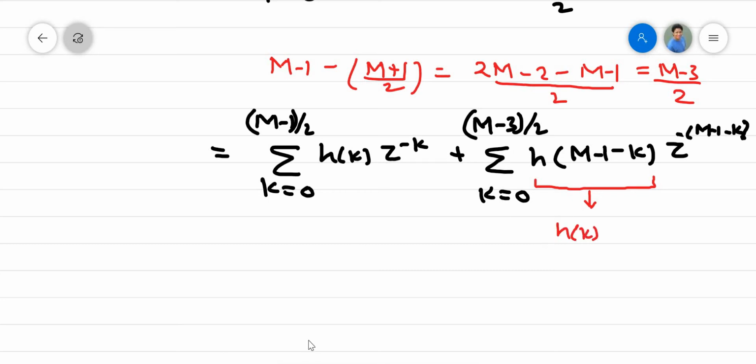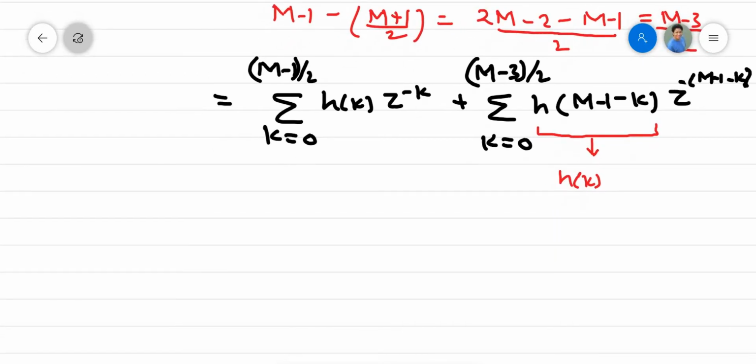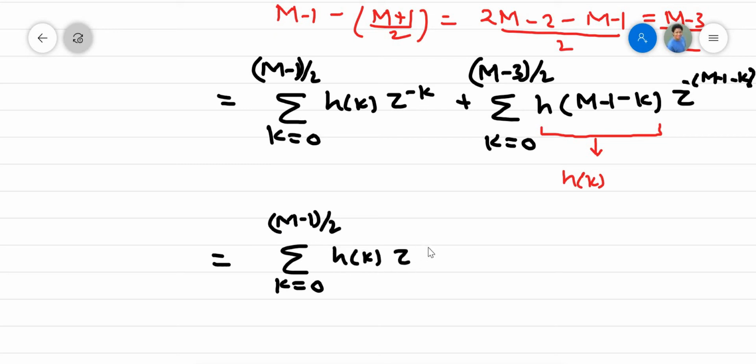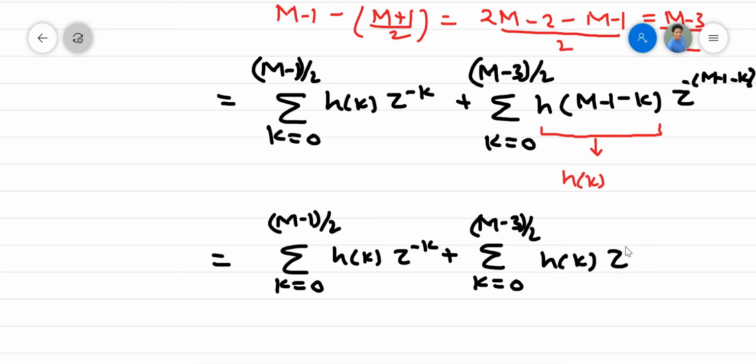Then this equation can be written as the summation k equals 0 to (M minus 1) by 2 of h[k] z^(-k), plus the summation k equals 0 to (M minus 3) by 2 of h[k] z^(-(M minus 1 minus k)).